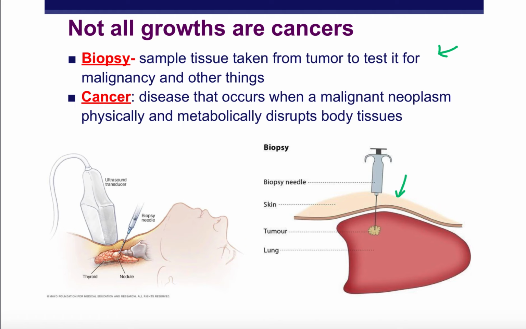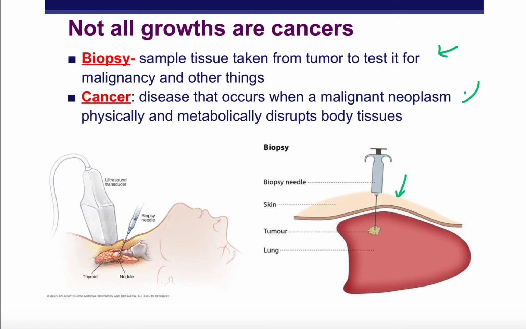If those cells show to be benign, meaning they're overgrowing but they're in the same location, then the medical options for treating it won't be as aggressive, because a lot of the aggressive techniques for treating cancer can be pretty damaging to the body as a whole.